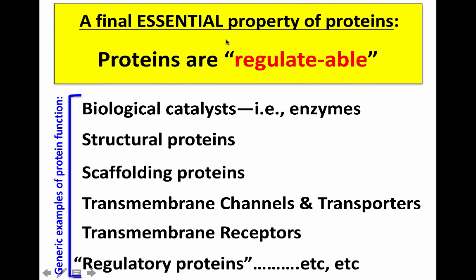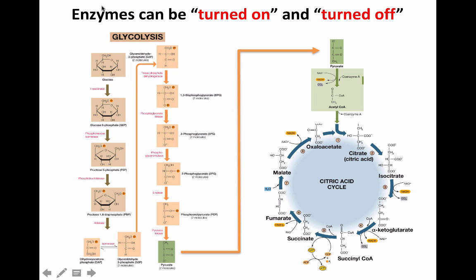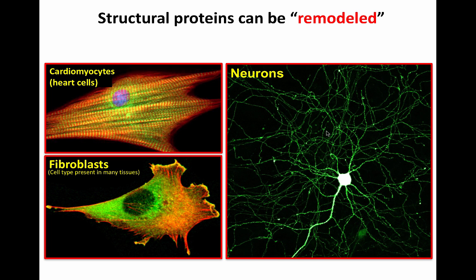All right, and a final essential property that I want you to appreciate about proteins, other than the fact that they are super complex in structure, composition, and function, is that they are regulatable, right? What I mean by this is, enzymes, because they're proteins, can be turned on and turned off, which in turn can regulate whether or not glycolysis and the citric acid cycle, for example, are taking place.